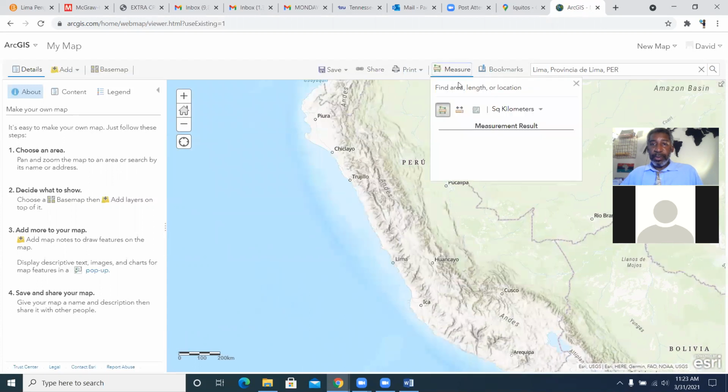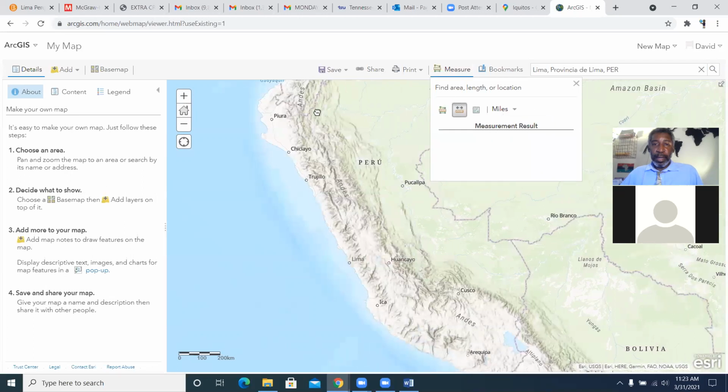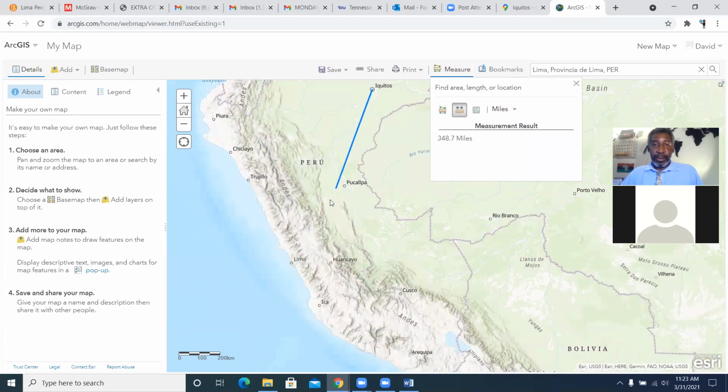We used the measure tool. And notice that here from Iquitos to Lima, straight line distance is about 600 miles, or about the same distance it is from Nashville, Tennessee to Orlando, Florida.